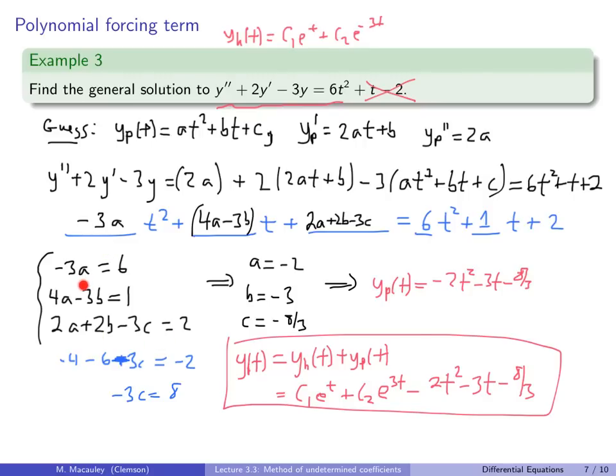And unless you're really, really lucky, you're not going to get a solution for that. So the general rule is if you have a degree n polynomial, you should guess that your solution is also a degree n polynomial and include every single term, or include all of the lower degree terms, even if they don't appear on the right-hand side.